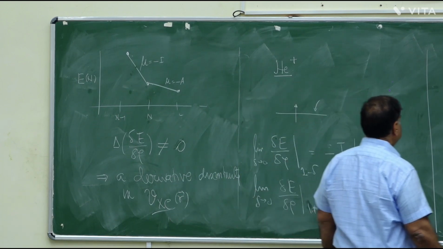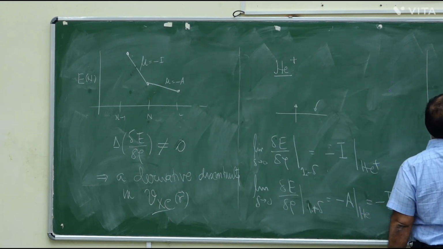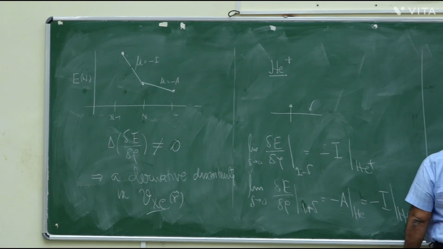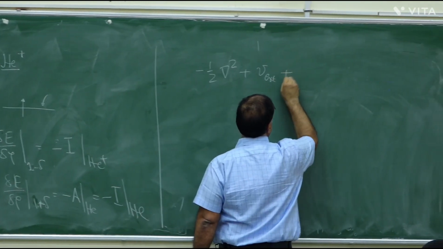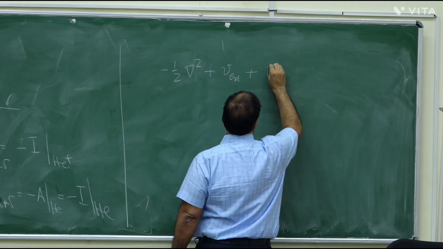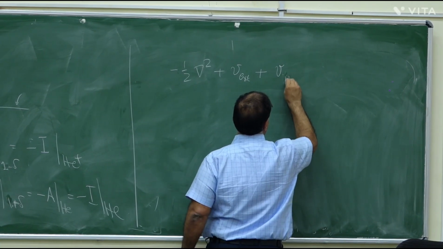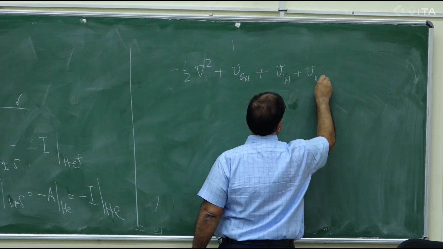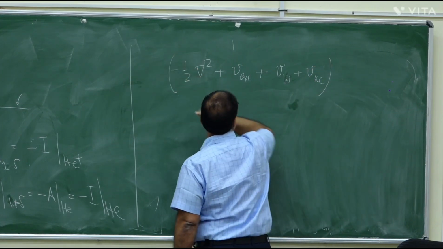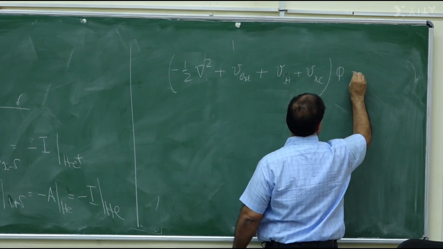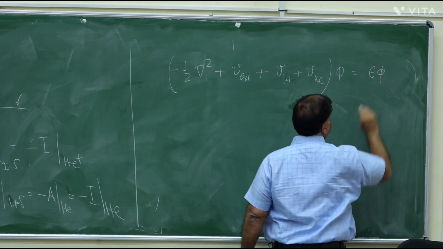Now you see, you have this system, helium plus, in which I have this equation: minus del squared plus v external plus v Hartree plus v exchange correlation, acting on phi, there's only one phi, one orbital, equals epsilon phi.